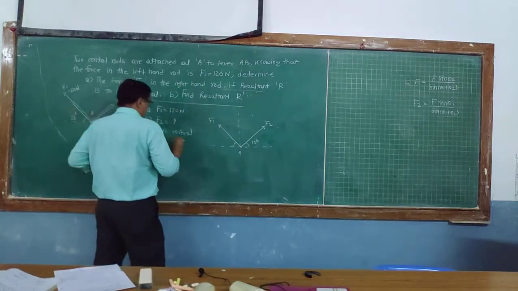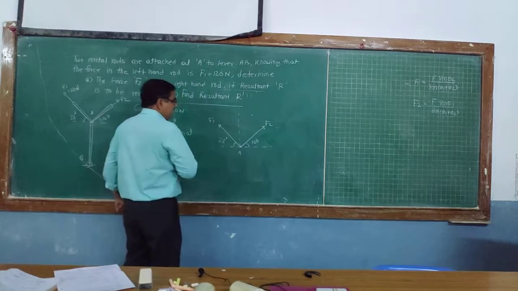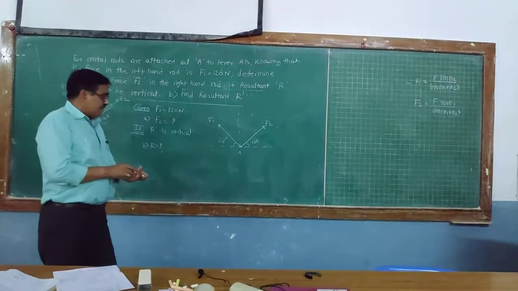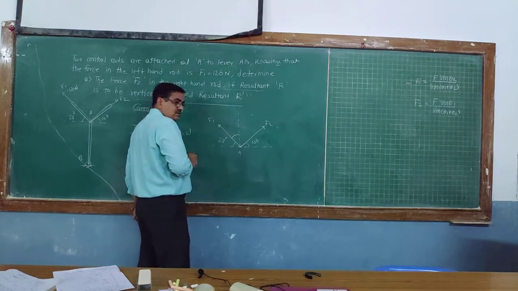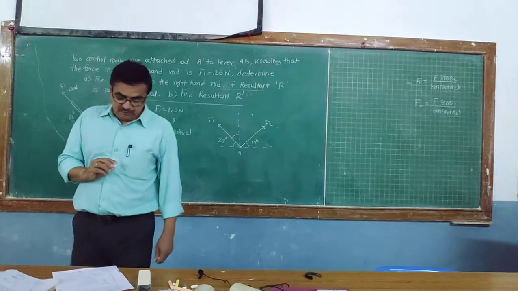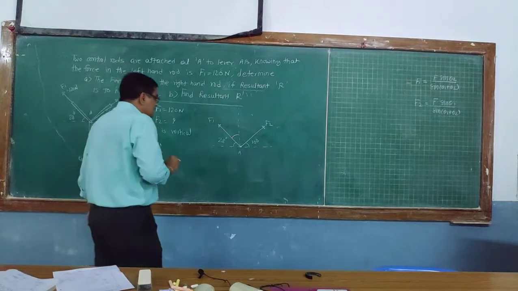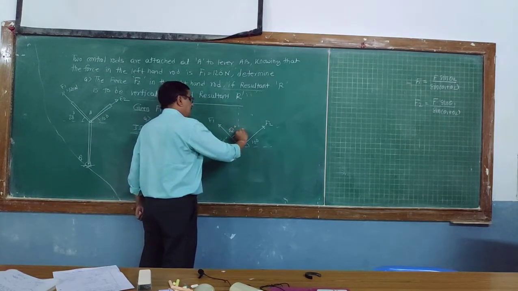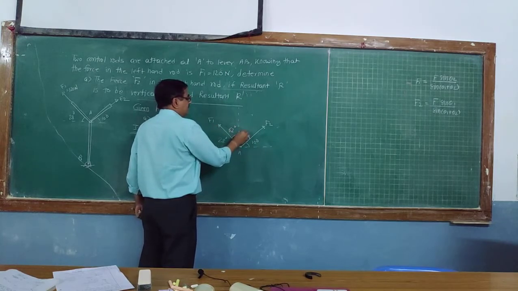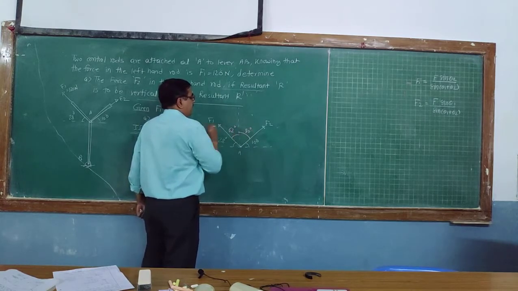The angle made by F1 with the horizontal is given as 28 degrees, and that's why the angle made by F1 with the vertical is 62 degrees. And the angle made by F2 with the vertical will be equal to 80 degrees.